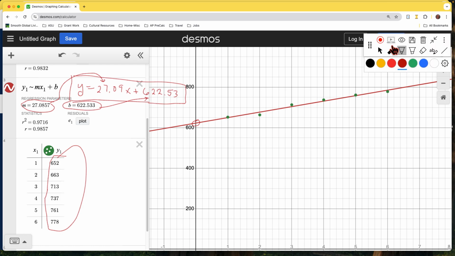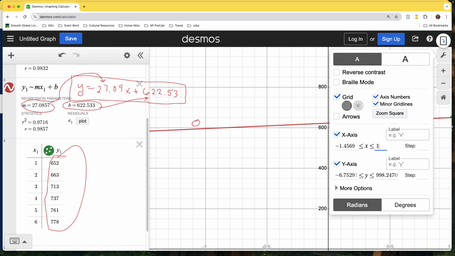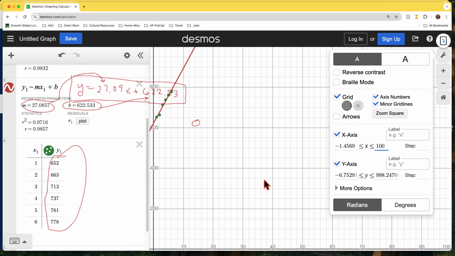It's sort of just estimating it. And then the x values are going from 1 to 6. If you go too far out, like if I went from 1 to 100, then all my data is over here. I can see it, but it's just not as pretty, right?